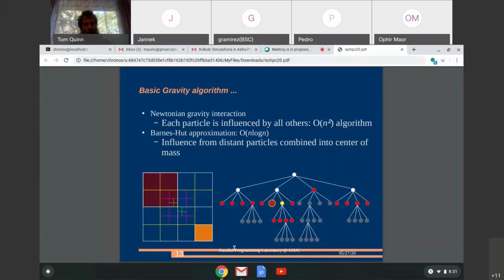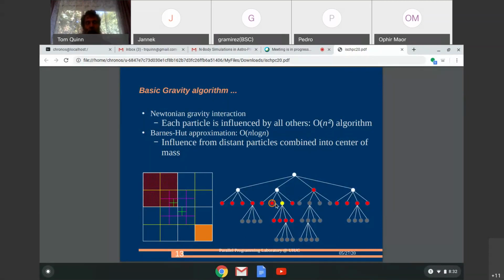And you basically go through the tree making decisions about whether the subvolume is far enough away. In this case, this red volume corresponds to this point over here. We make a decision that the size of this volume compared to the distance is small enough that the multipole expansion is valid, and we use the multipole expansion rather than traversing down to these deeper levels of the tree.